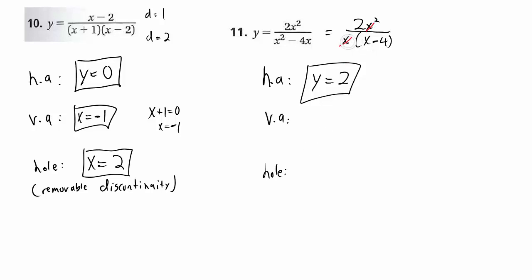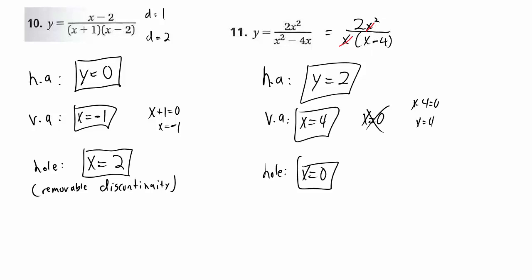So instead of there being a vertical asymptote at x equals 0, there's just going to be a hole there because they canceled. But there's no x minus 4 factor in the top. So if you set x minus 4 equal to 0, you get x equals 4. So x equals 4 is going to be a vertical asymptote.